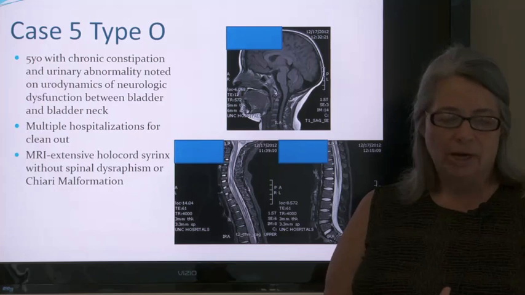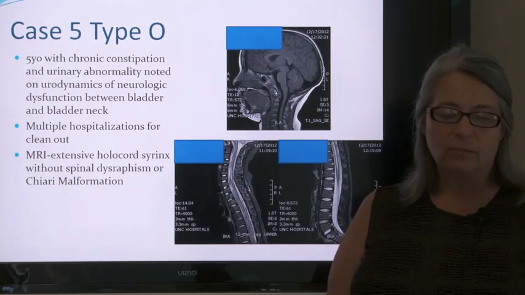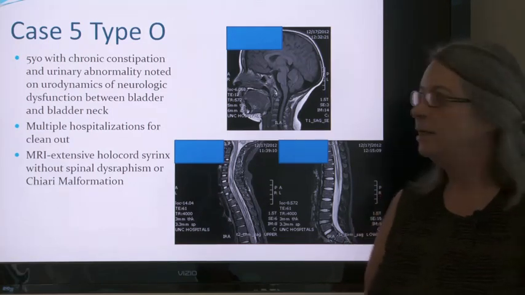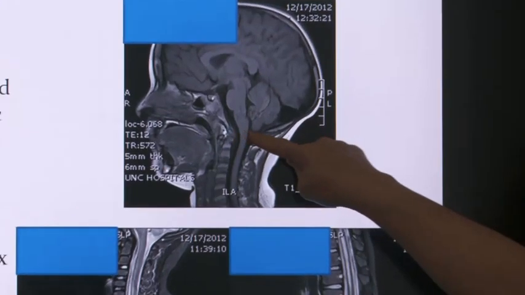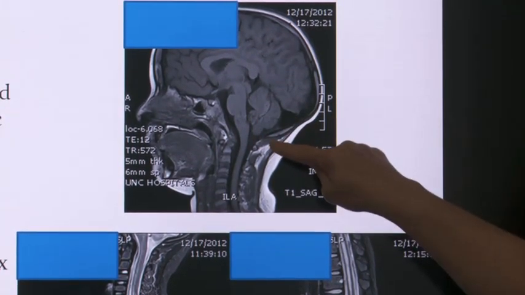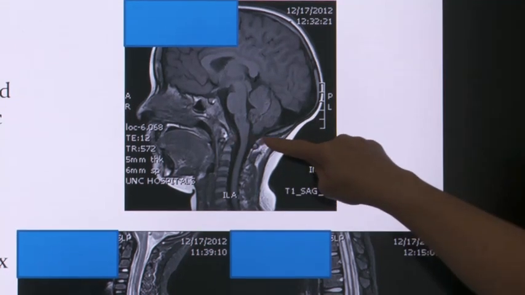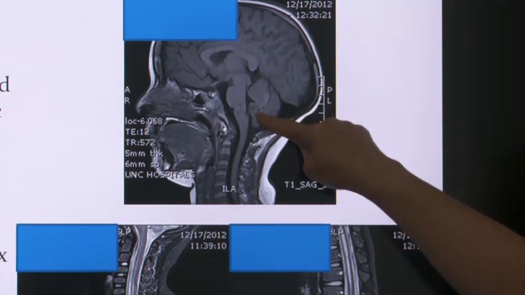And they did an MRI on his abdomen and saw a syrinx, so they referred him to us, and we further imaged his brain and his entire spine. And you can see the foramen magnum here, and you see those cerebellar tonsils are above the foramen magnum, so he does not have a Chiari malformation in the defined sense prior to type 0.